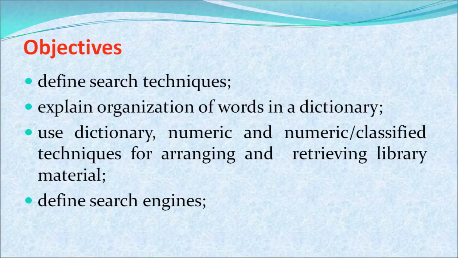In this lesson, you will learn the need and ways of searching organized information, and fundamental aspects of search techniques for information retrieval from electronic resources. The objectives for this lesson are that you will be able to define search techniques, explain the organization of words in a dictionary, use dictionary, numeric and classified techniques for arranging and retrieving library material, and define search engines.